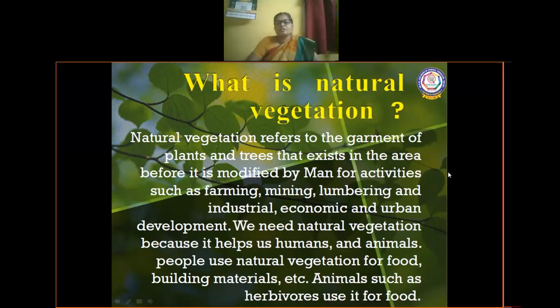Now, natural vegetation means what? You're going to learn this term in a very different way as it's a totally interesting topic. Natural vegetation is determined as the growth without human intervention.